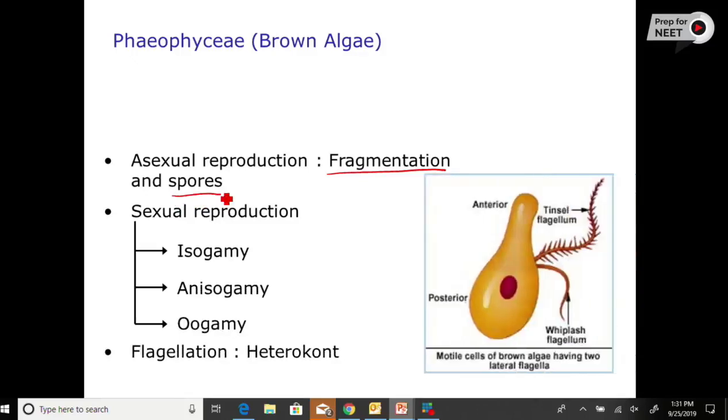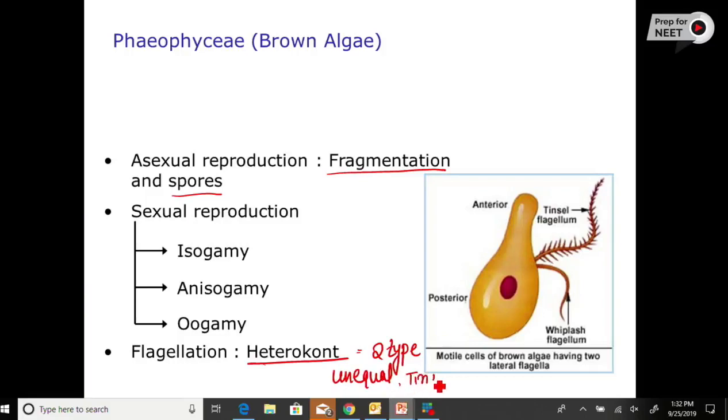Here we can see the spores which will be formed by this particular alga. You can see that these spores are basically heterokont. Now, what do you mean by heterokont? The flagella are of two types, not equal, but unequal in nature, and one flagellum contains tinsels.